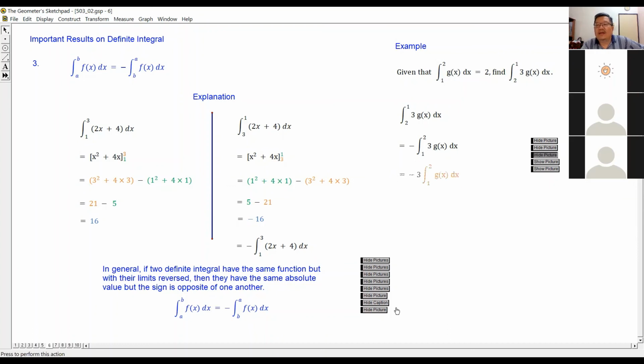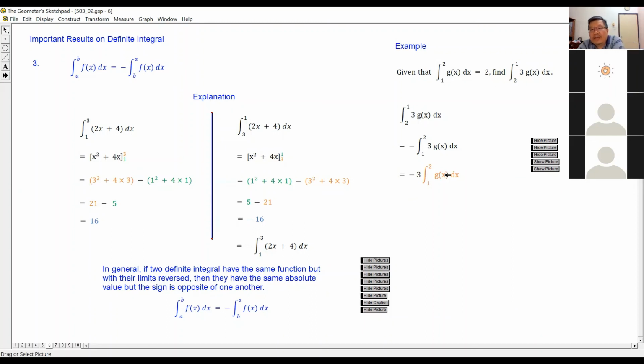Then second one, according to one of the results earlier, the 3 can be taken out, right? So I'm going to take out the 3. Then after I take out the 3, this orange color thing here is the same as the given one, which is 2.